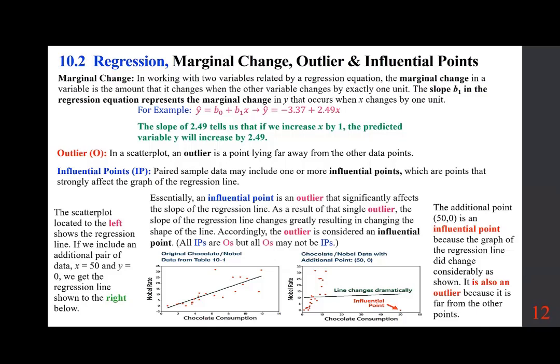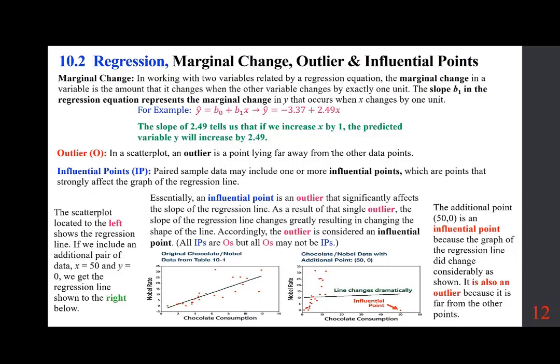When we do the graph of a scatter plot, every outlier can have an effect. And we know the meaning of outlier. But some of them may have such an effect that when you graph your scatter plot versus the regression line, the regression line changes so much that you can't recognize the first line anymore. So you add one pair, which is an outlier, and it changes the graph so much.